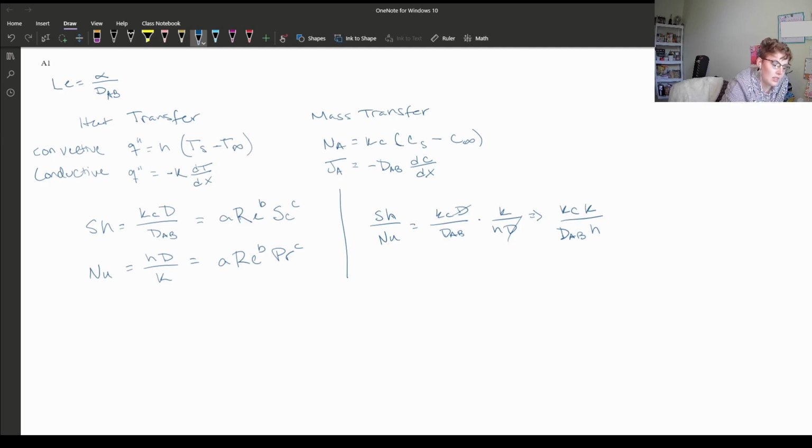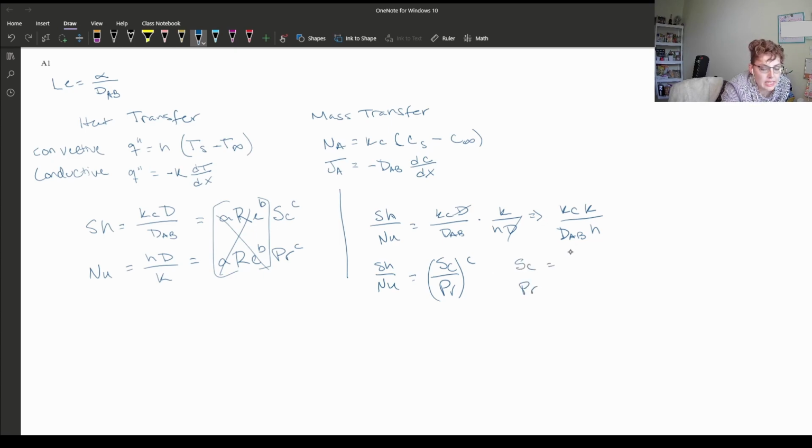And then we can look at this second portion of the equation and see that, since these variables a, b, and c are all the same, this would cancel out and leave us with the Schmidt number over the Prandtl number to some power c. So then we can further redefine the Schmidt number and the Prandtl number into their definitions.